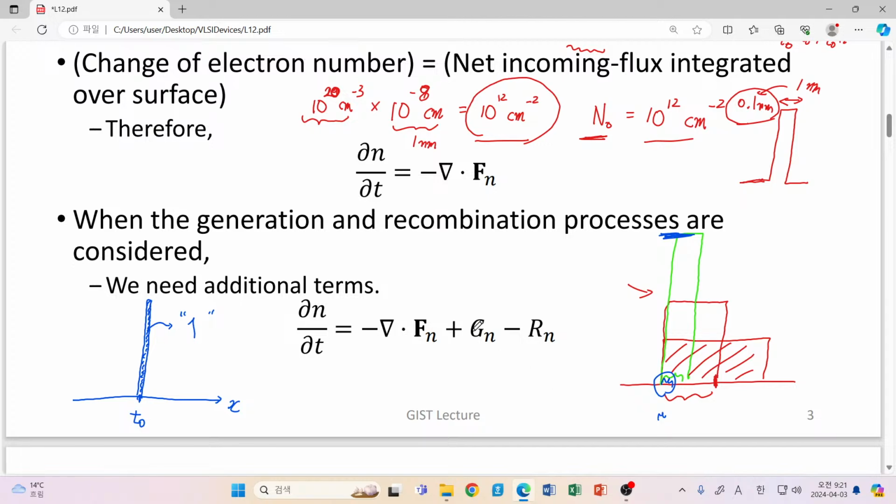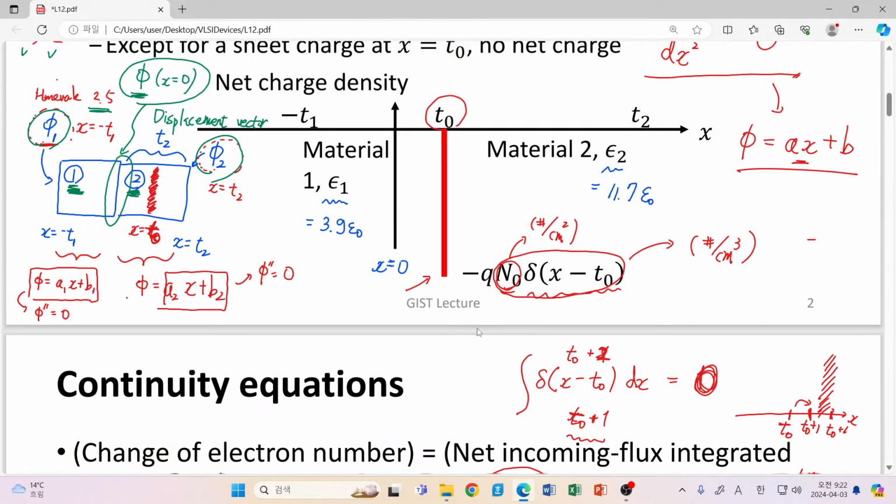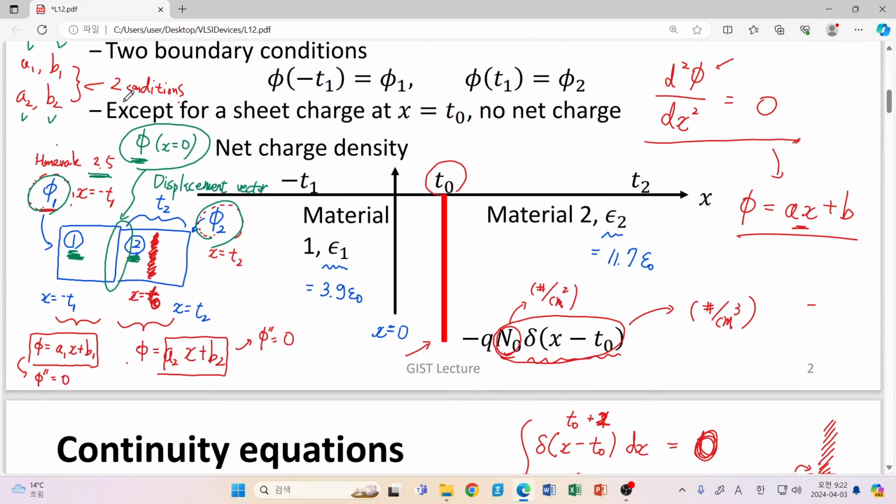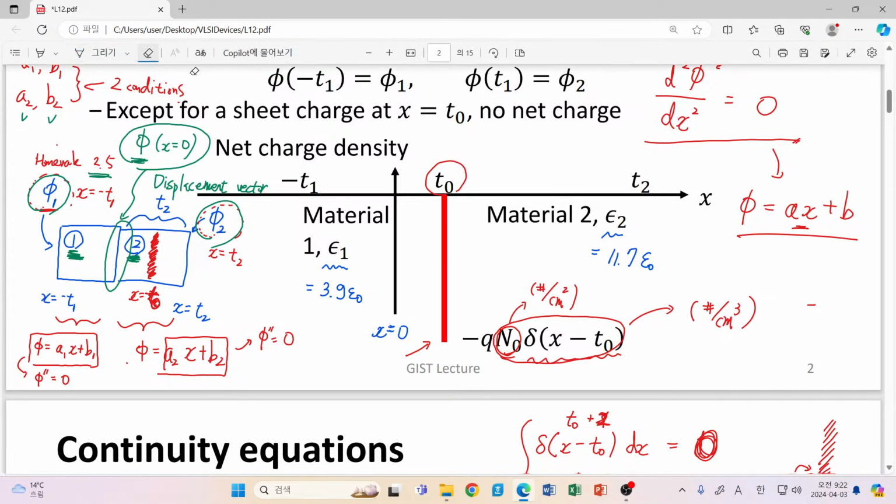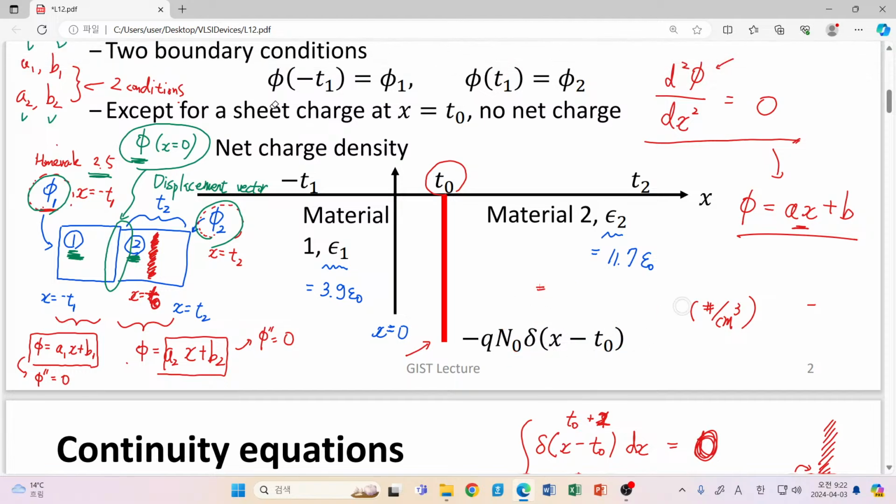So let me just come back. I hope that most of you already heard about the Dirac delta function somewhere in your coursework, but if you don't understand this one, then please try to understand. Simply speaking, I'm not doing any trick on this density.